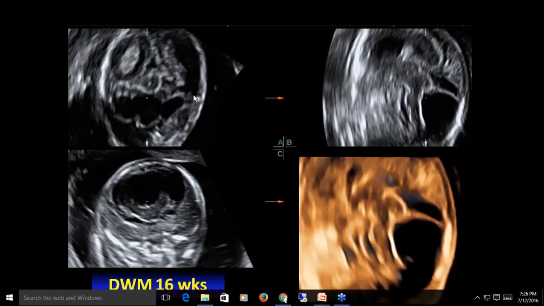We can see here in the coronal picture the very large cisterna magna. In the axial, we see this splayed cerebellar hemisphere. And in the median section, we see the very small vermis, the enlarged cisterna magna freely communicating with the fourth ventricle and the elevated tentorium.